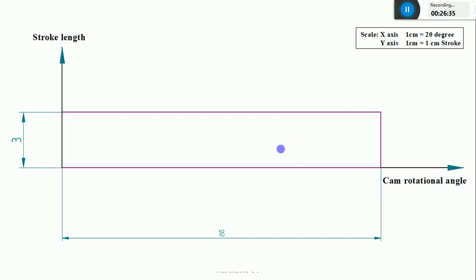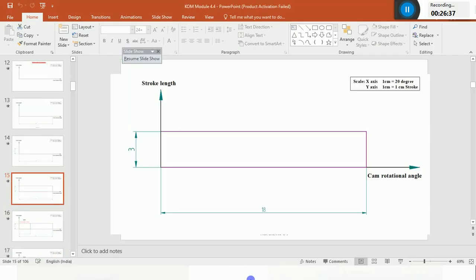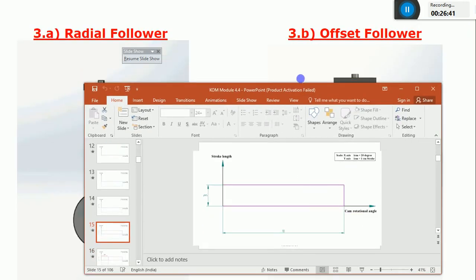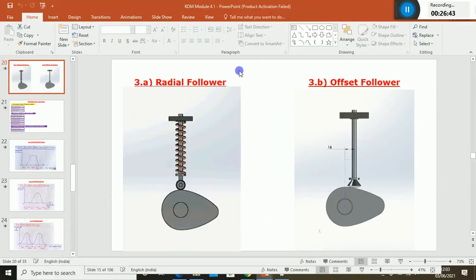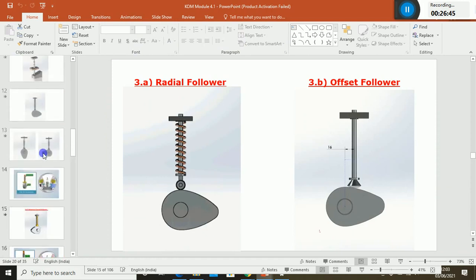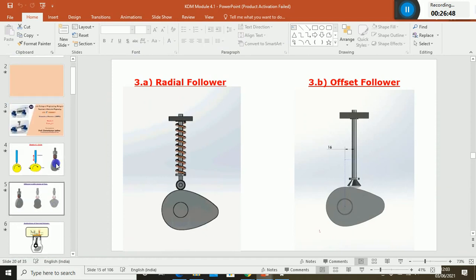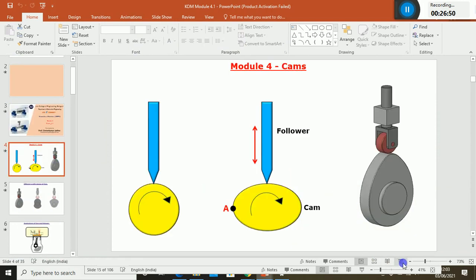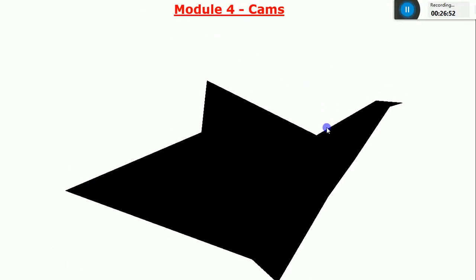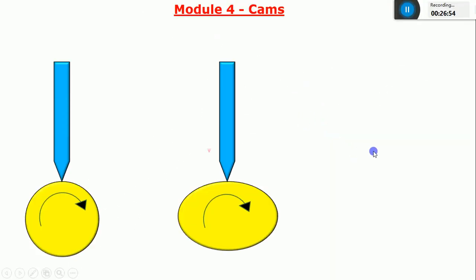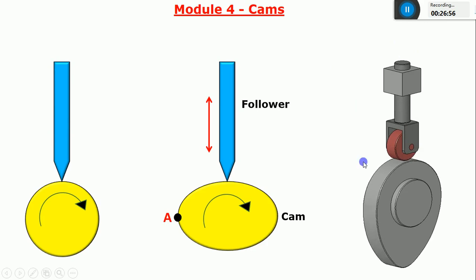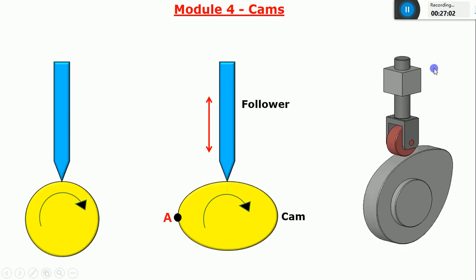If you want, I can show the animation. The cam is rotating through 360 and the follower is moving through some distance.